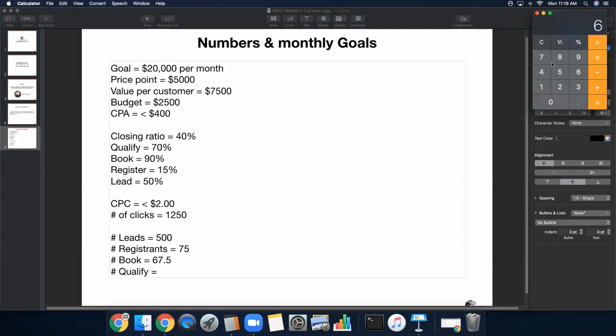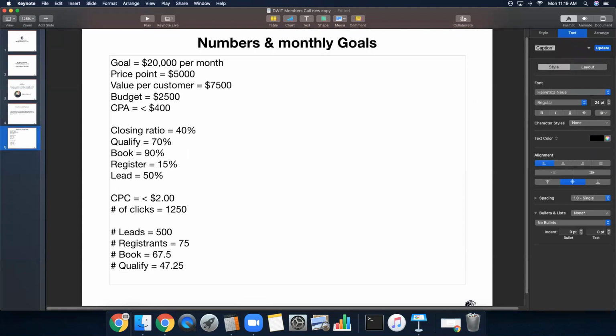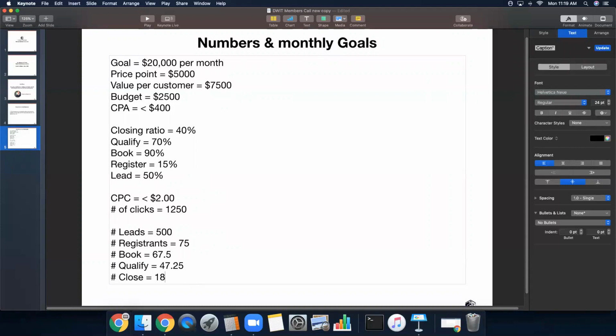So now we're going to take 67.5 times 70%. You're looking at 47.25. And now we're going to get to how many do we actually close. So number close, and this is going to be about 40%. So 47.25 times 40%, that's 18.9.